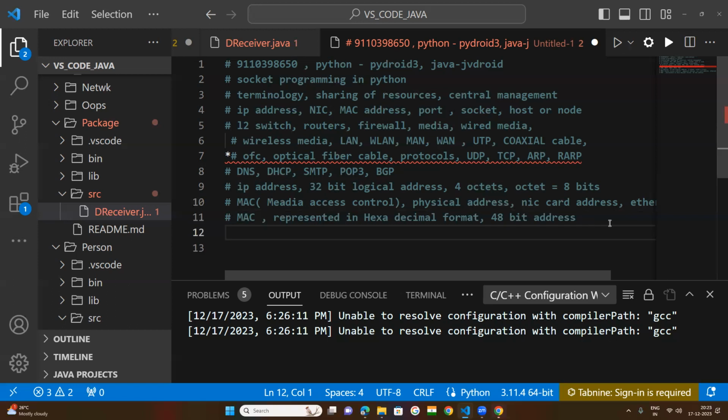When studying computer networks, you need to understand the OSI layer structure, the 7-layer structure. These 7 layers are not physically existing layers. They are virtual layers.